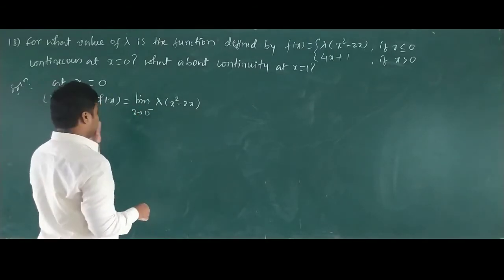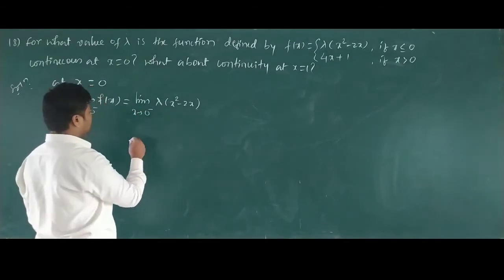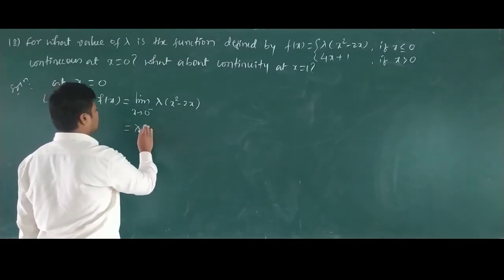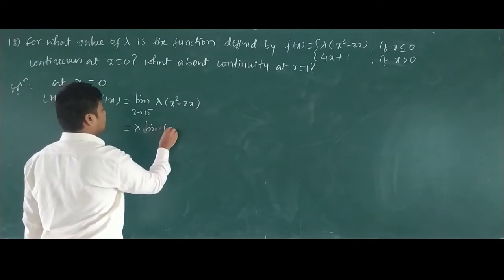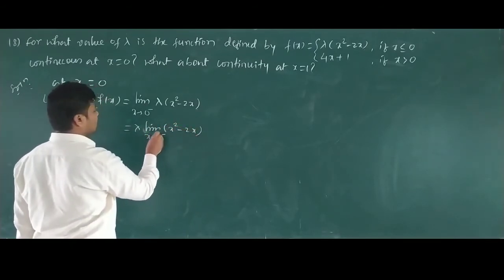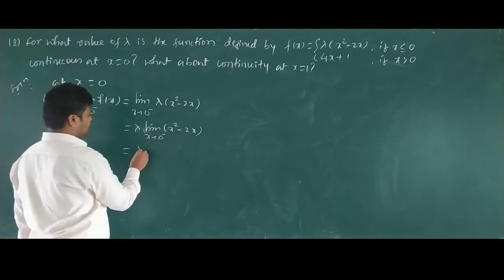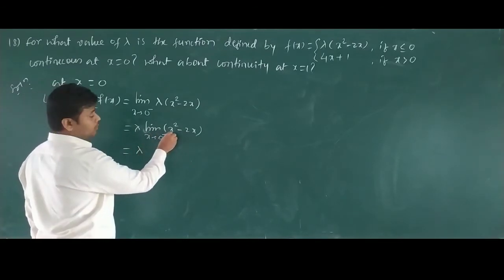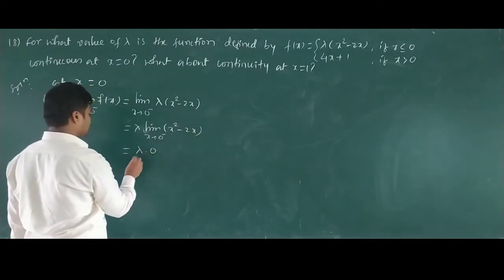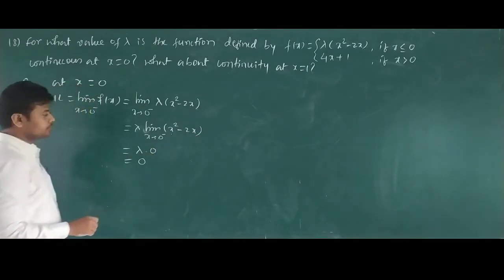So here lambda is the constant, keep it outside. This equals lambda into limit of x square minus 2x as x tends to 0 minus. So x is directly 0. Lambda into 0 square is 0, minus 2 into 0 is 0. Lambda into 0. Okay, so this value is 0.